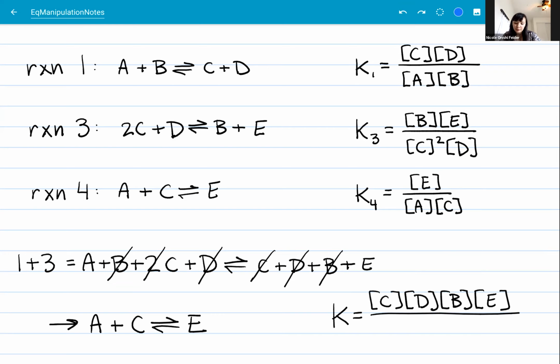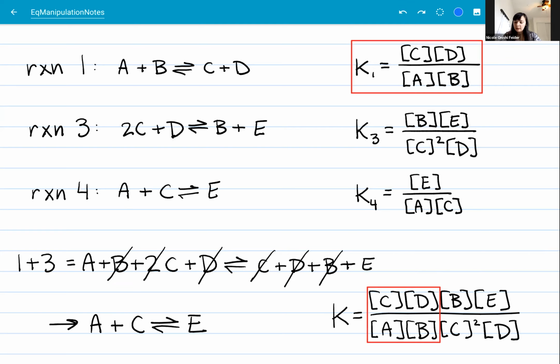And when I write out the products over the reactants for that big reaction, then we can see that it's actually equal to K1 times K3. And so this trend can be summarized as such, right?